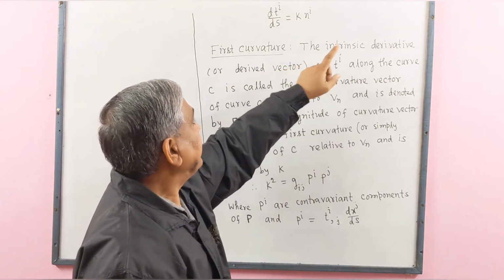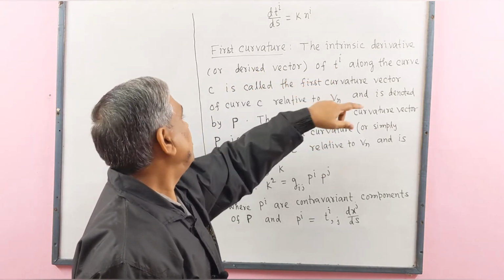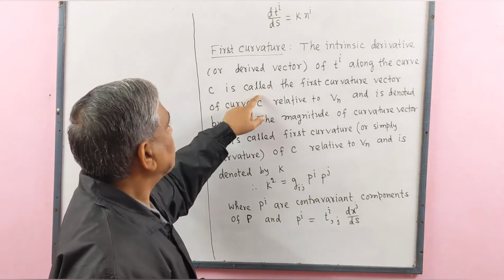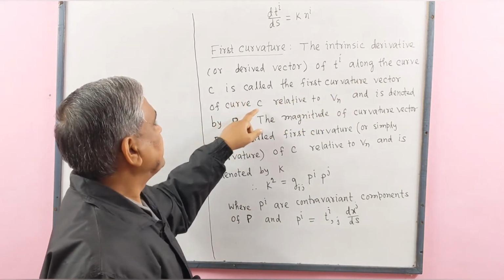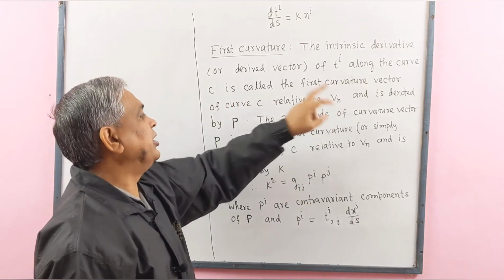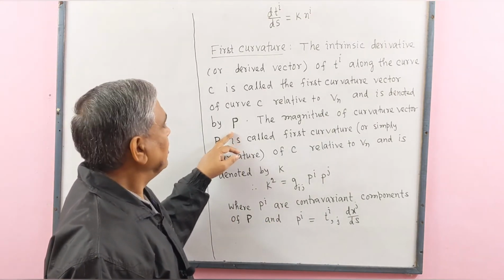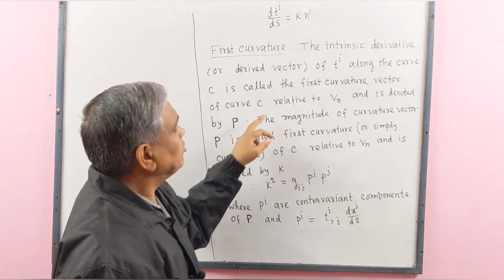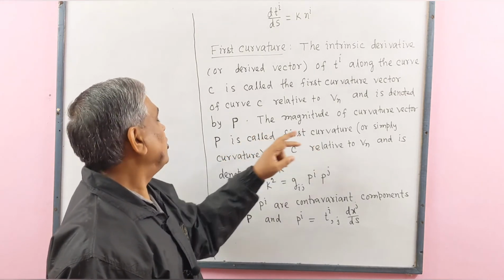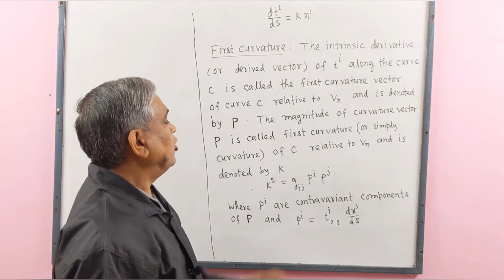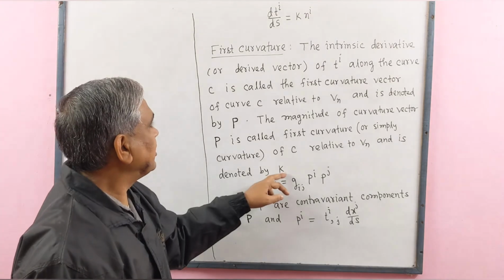The intrinsic derivative or derived vector of Ti along the curve C is called the first curvature vector of curve C relative to Vn and is denoted by P. The magnitude of curvature vector P is called first curvature or simply curvature of C relative to Vn and is denoted by K.